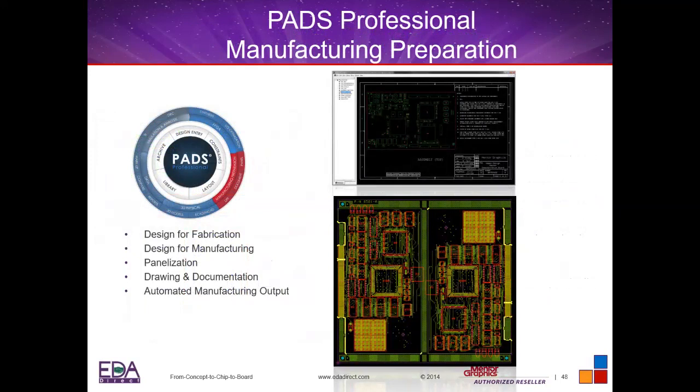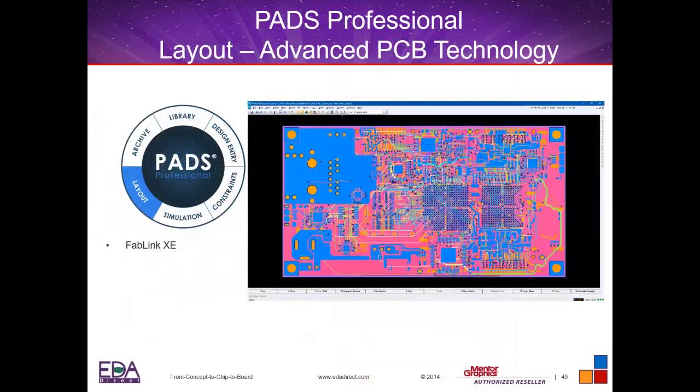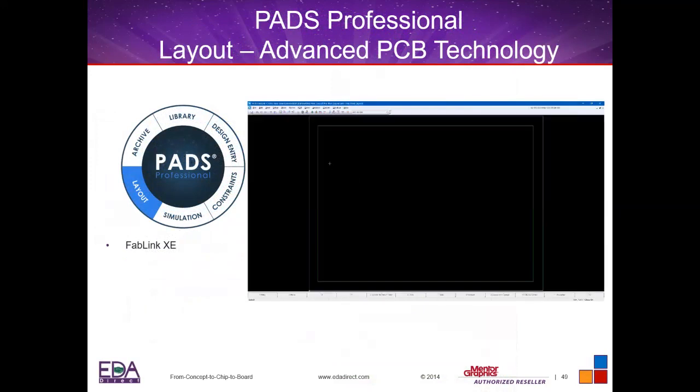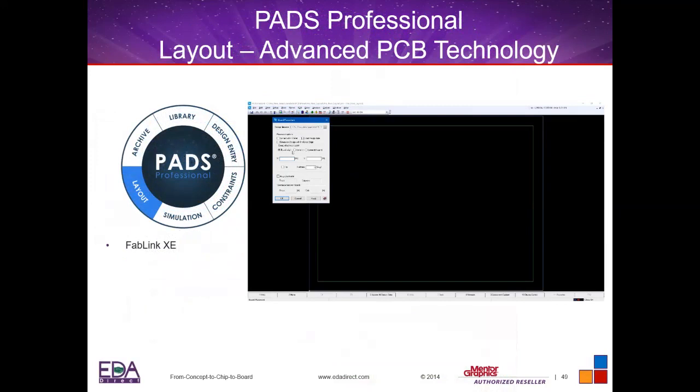And then you're going to have a manufacturing preparation tool that comes with this. So you'll be getting the drawing editor and you'll be getting FabLink, which is going to allow you to do panelization. So you'll be able to use the FabLink tool in XE. For those of you that want to panelize your own boards, rather than having your contract manufacturers do it, it's very easy to set up your designs.